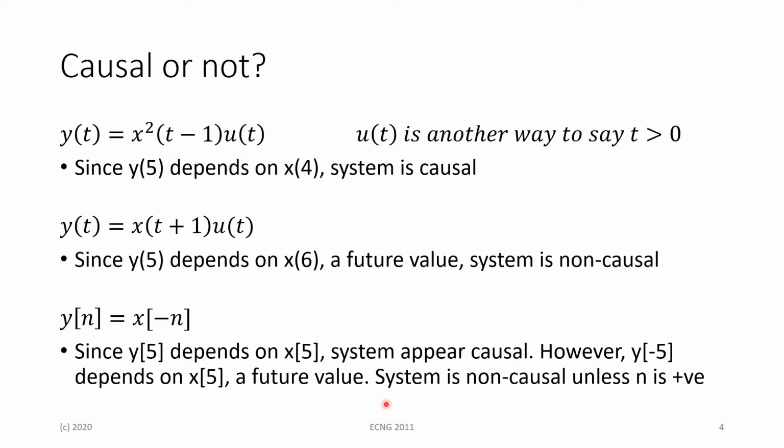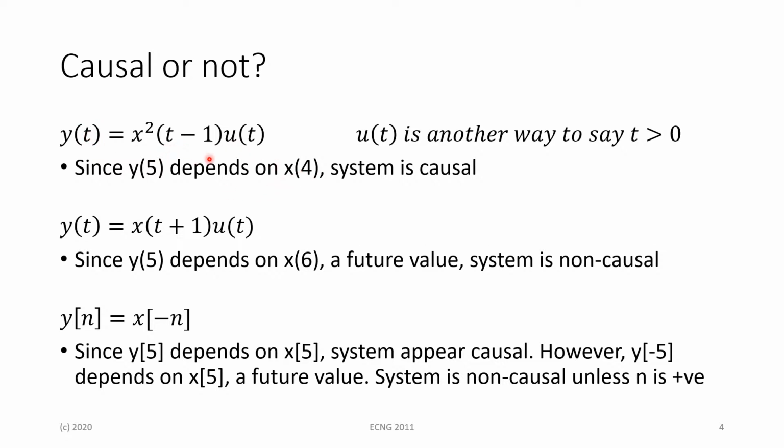So in particular, let's watch this for some of our equations. In our first equation here, we can see that we have a delayed signal of t minus 1. That means that because we have a delayed signal here, y of 5, if we say t is equal to 5, is going to depend on x of 4.